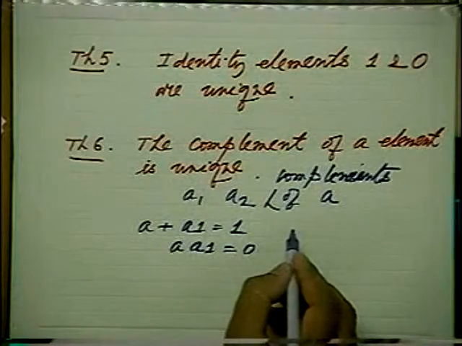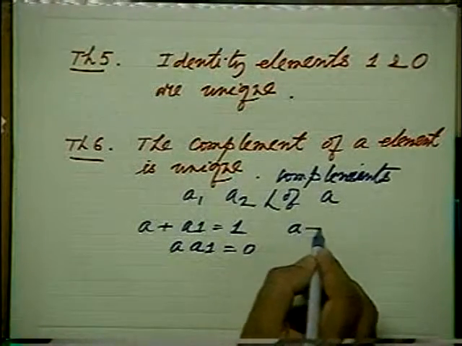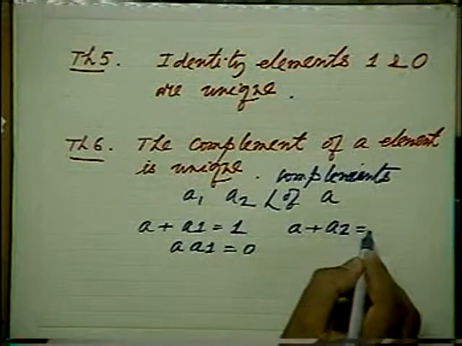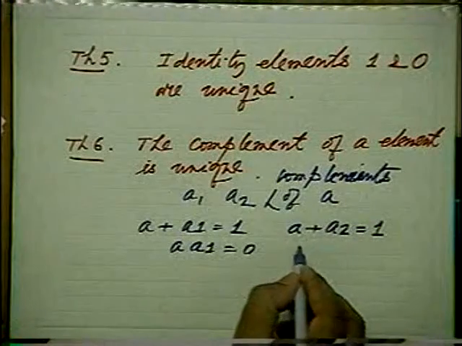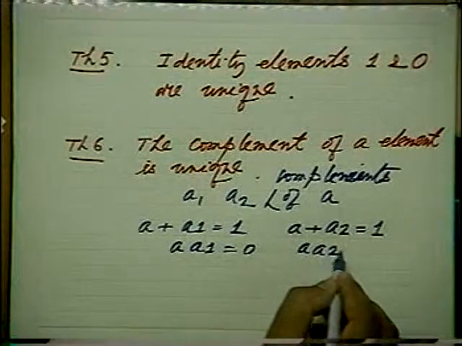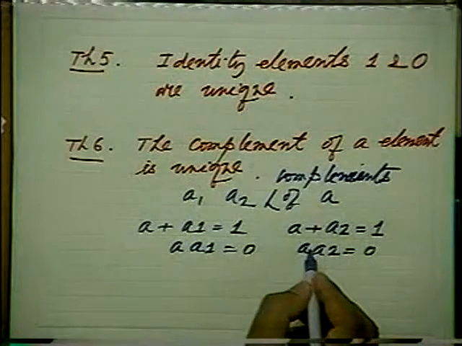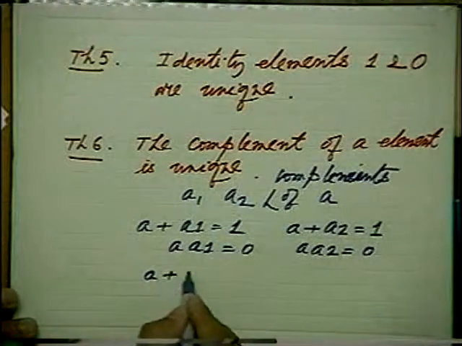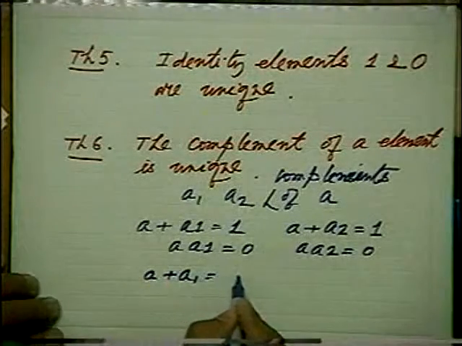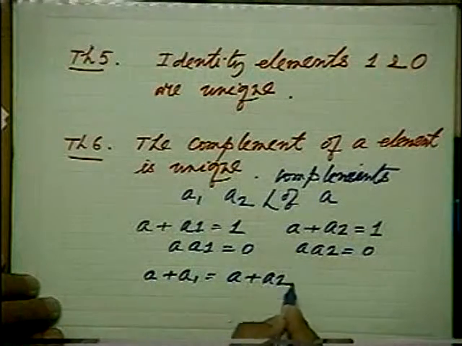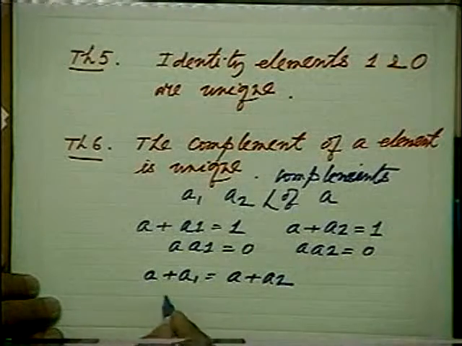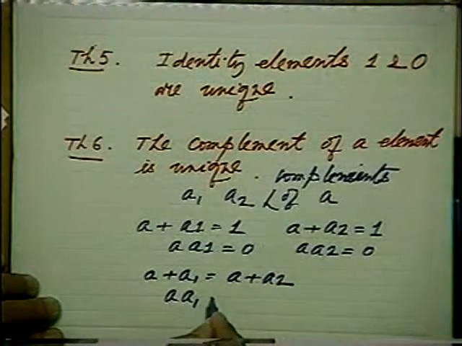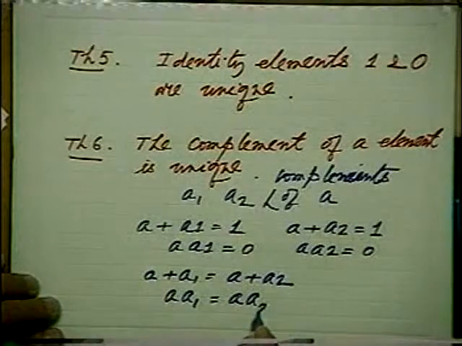And in that case, we will have A plus A2 is equal to 1 and A A2 is equal to 0, which essentially proves that A plus A1 is equal to A plus A2, and A A1 is equal to A A2.